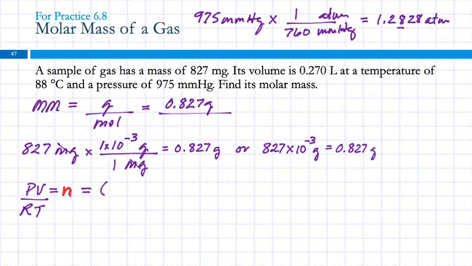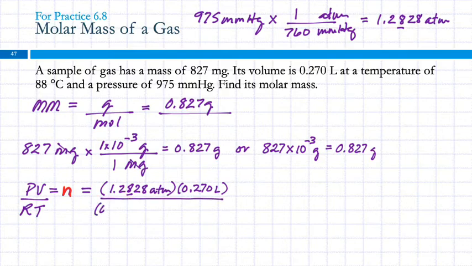So pressure, 1.2828 atmospheres. What's the volume? 0.270 liters. Does that unit work with the ideal gas constant? Yes.